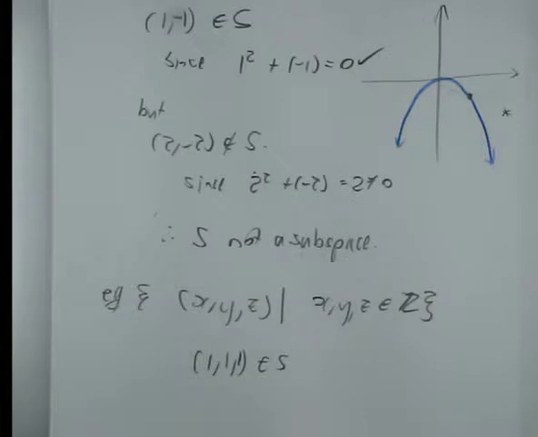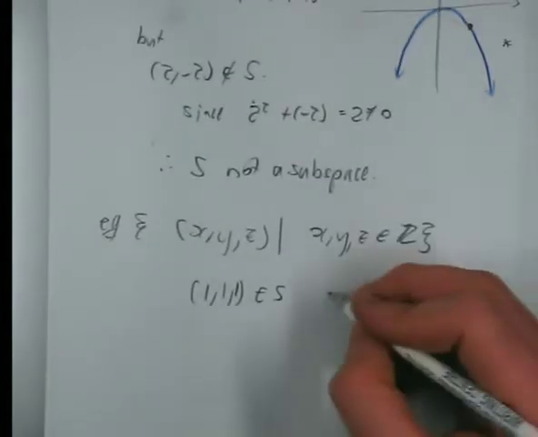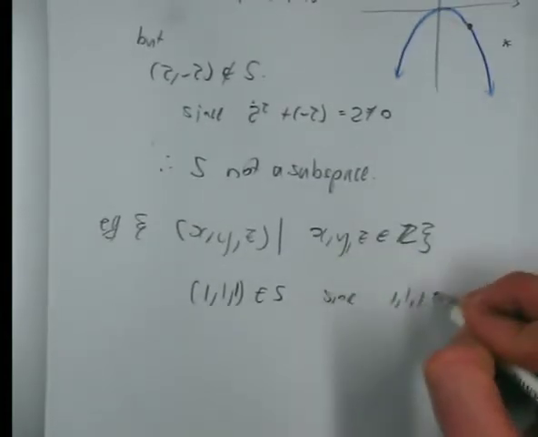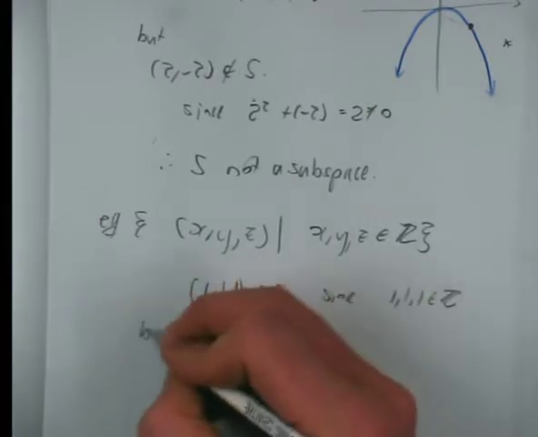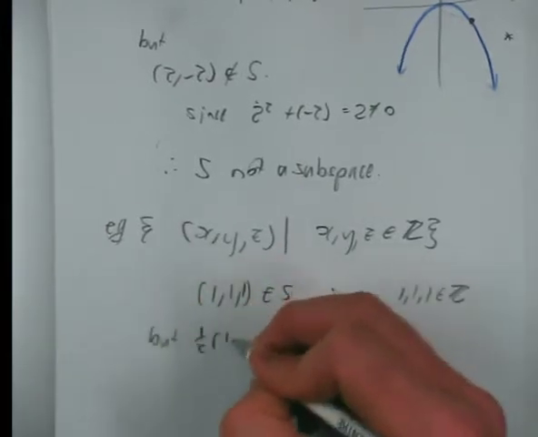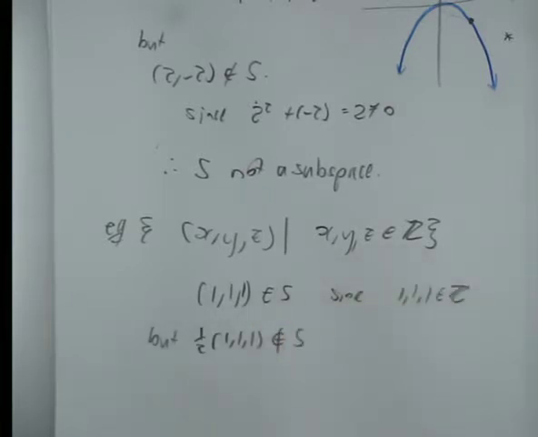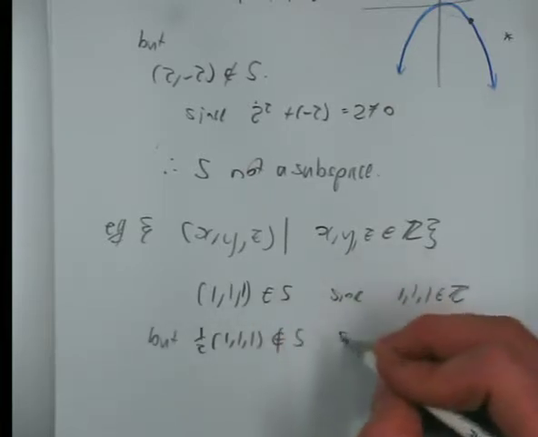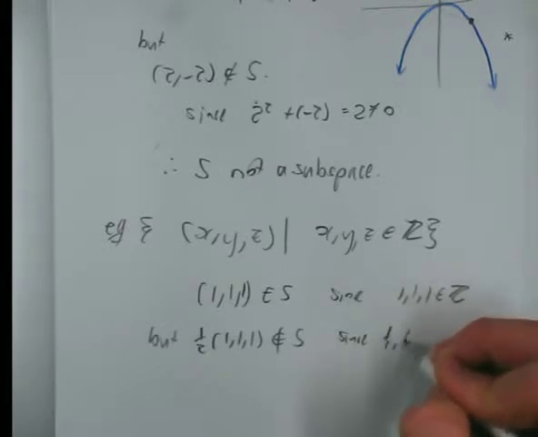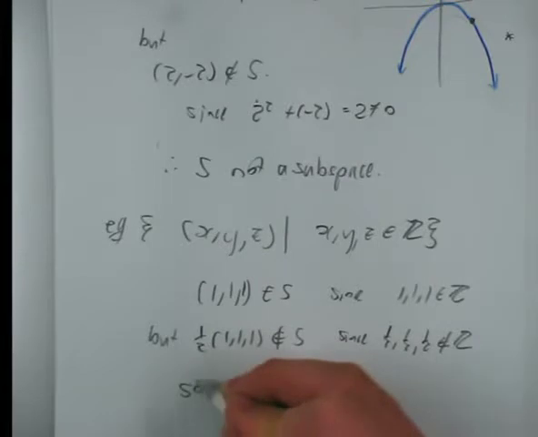That's a perfectly good span, except I'm not allowed to use all the combinations, and so it's not a subspace. 1, 1, 1 is in S, since 1 and 1 and 1 are all in Z. But a half of 1, 1, 1 is not in S, since its coordinates aren't integers. So S is not a subspace.